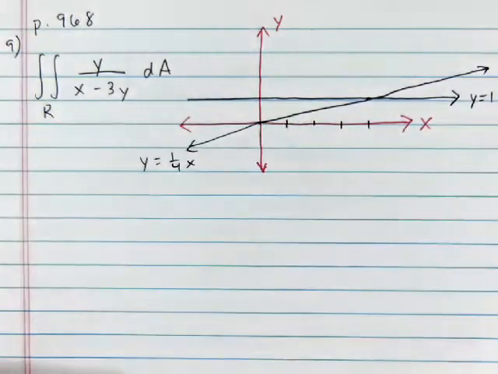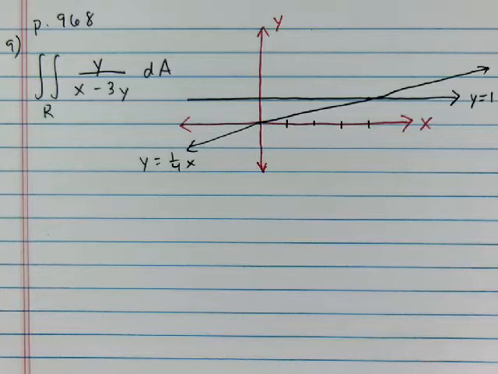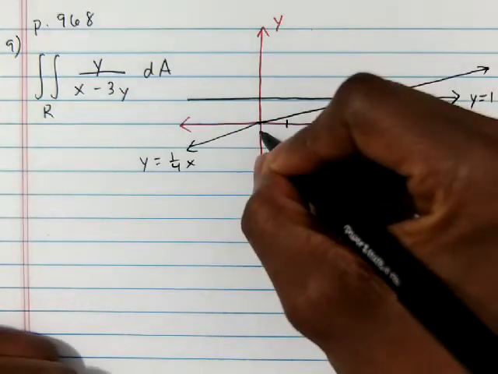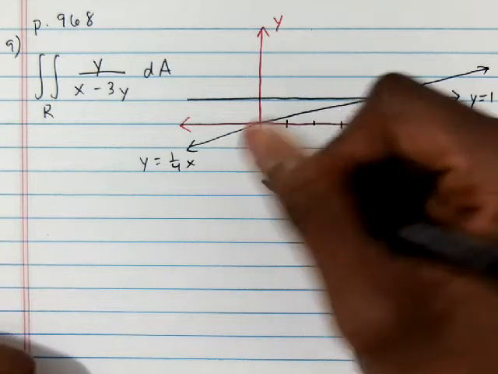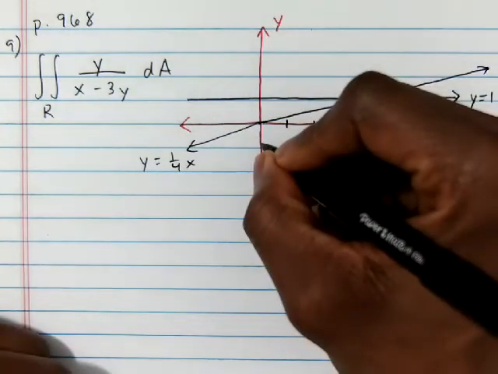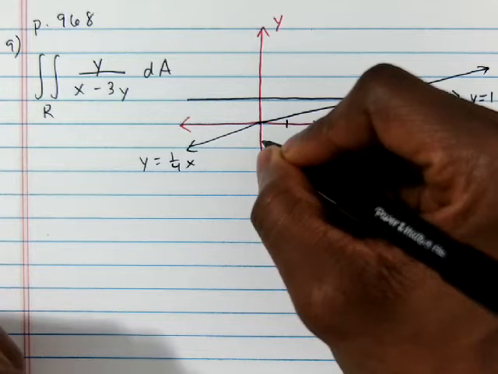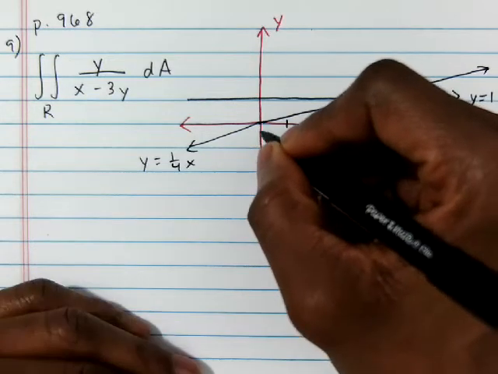And the other line is x minus 3y equals e, which is the same as y equals the quantity x minus e over 3. So our y-intercept is going to be about right here, closer to -1. And our slope I said was 1/3.